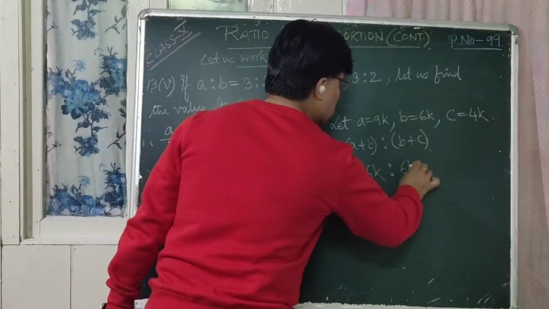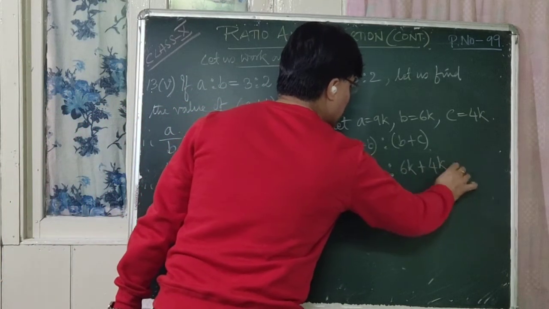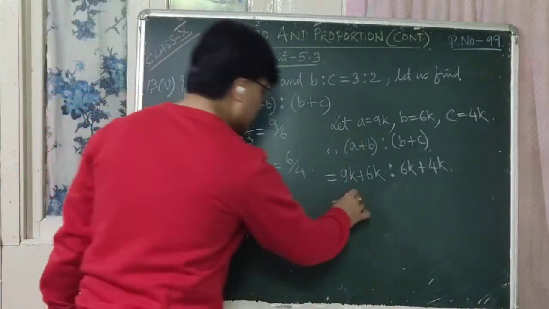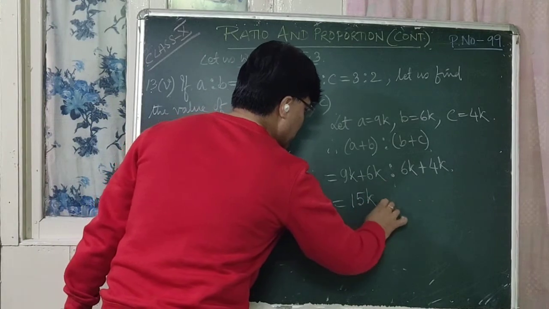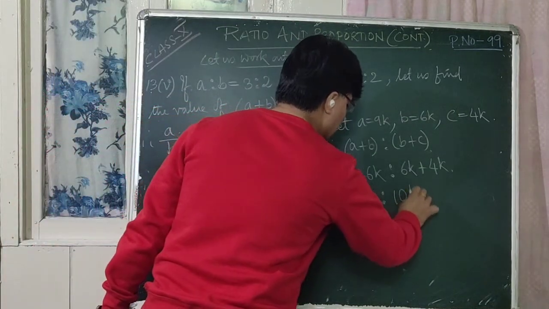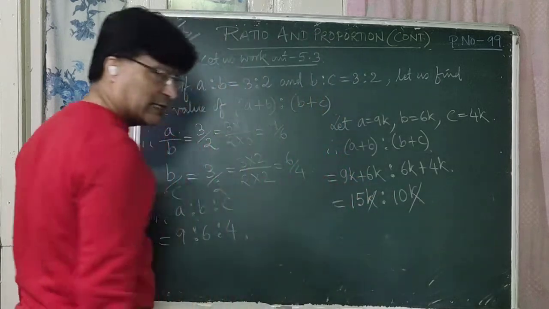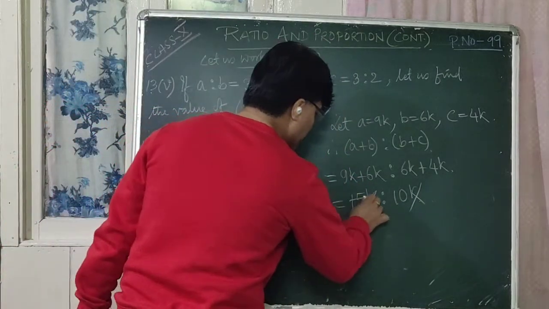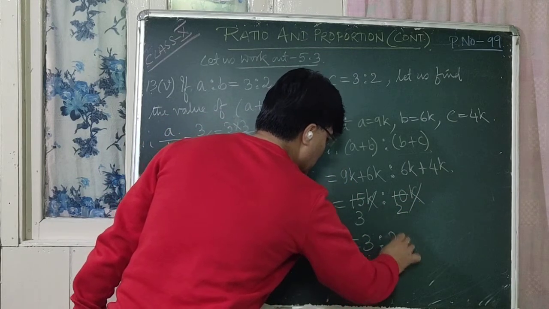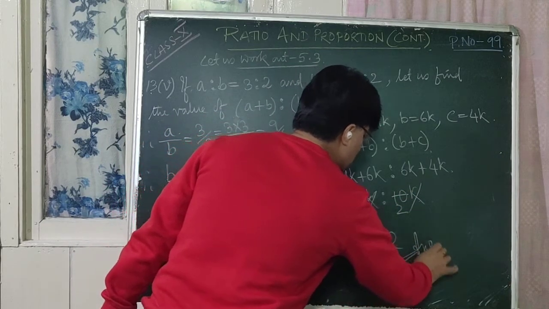It is 6k plus 4k, which is equal to, now what is 9k plus 6k? It is 15k is to, what is 6k plus 4k? It is 10k. So here k gets cancelled. So you can cancel here. 5 3s are 15, 5 2s are 10. That means which is equal to 3 is to 2. So this is the answer.